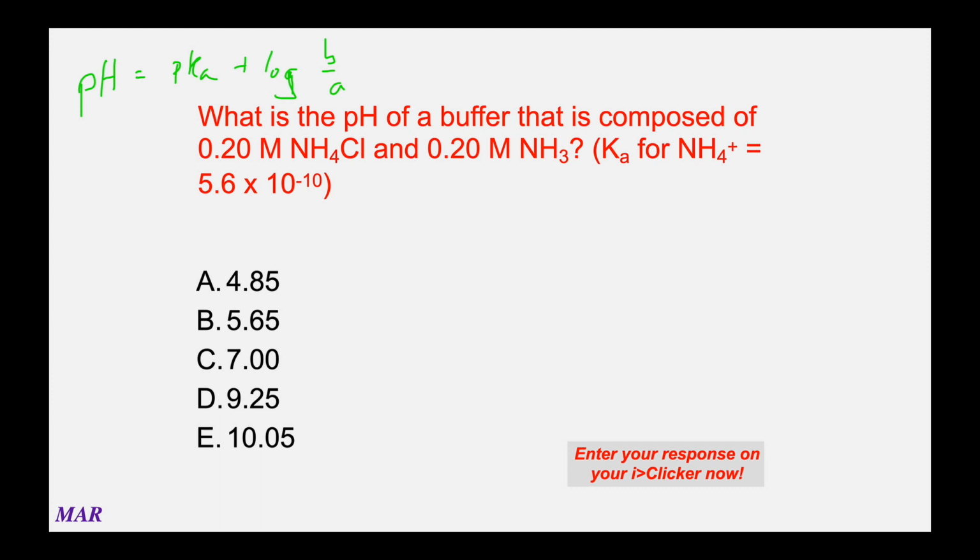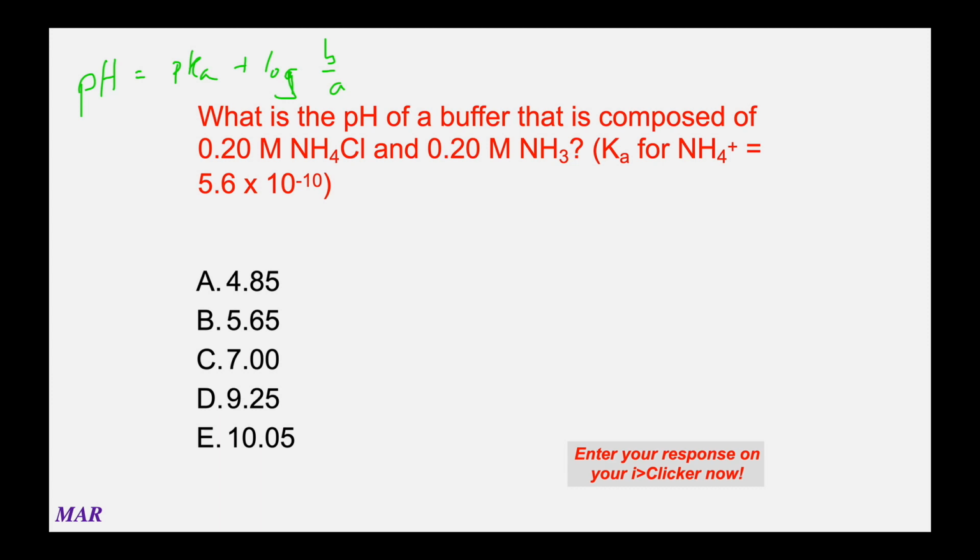Now, base over acid can be moles per liter over moles per liter. It can also be moles over moles. In this problem, it makes sense to have moles per liter over moles per liter. So 0.20 divided by 0.20, which is log of 1. Log of 1 in your calculator is 0.